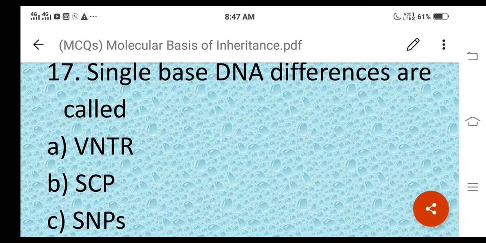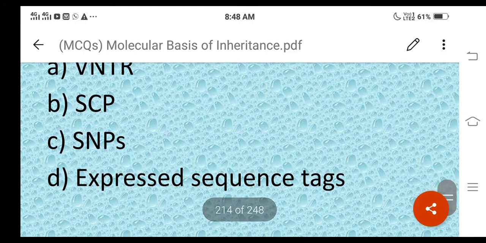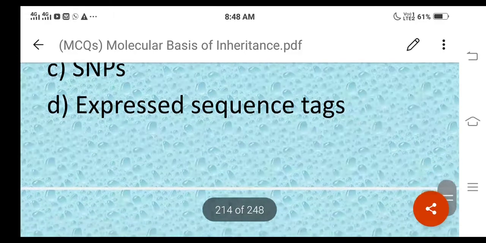SCP stands for single cell protein, which is also a different concept. Single base DNA differences are called SNPs, pronounced as snips. Expressed sequence tags is different, a procedure in the Human Genome Project. So option C is the correct answer.